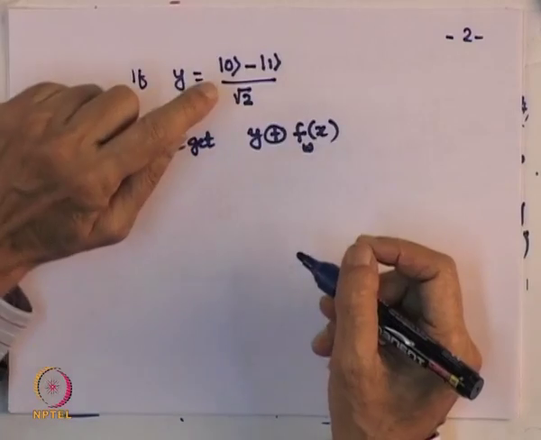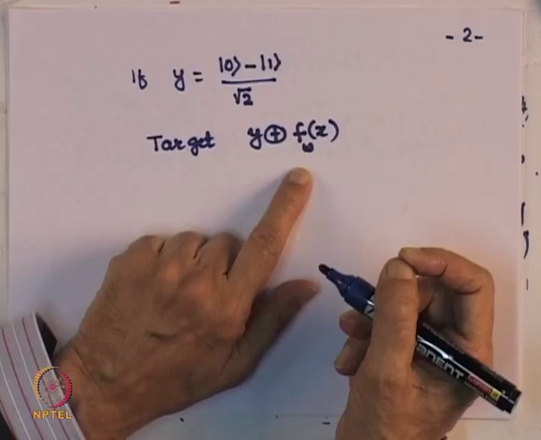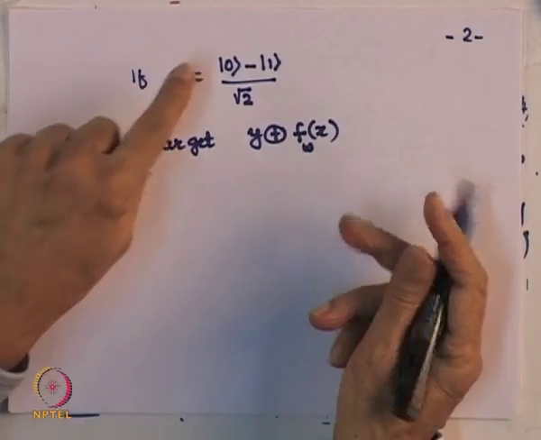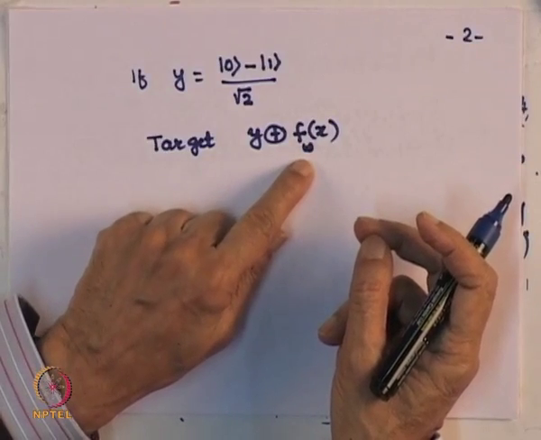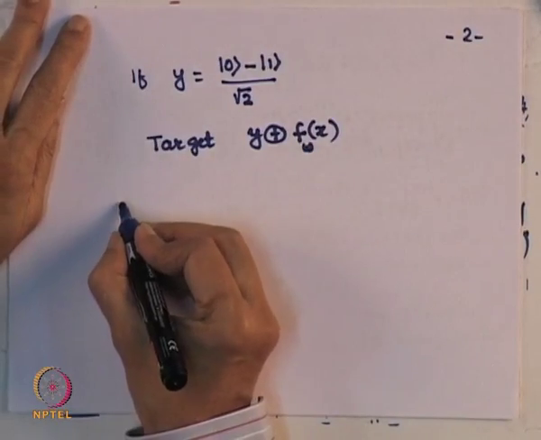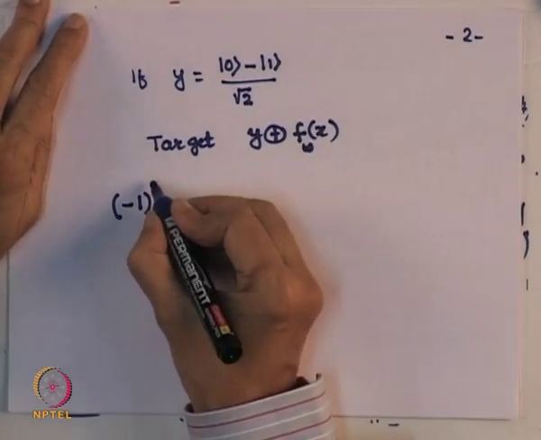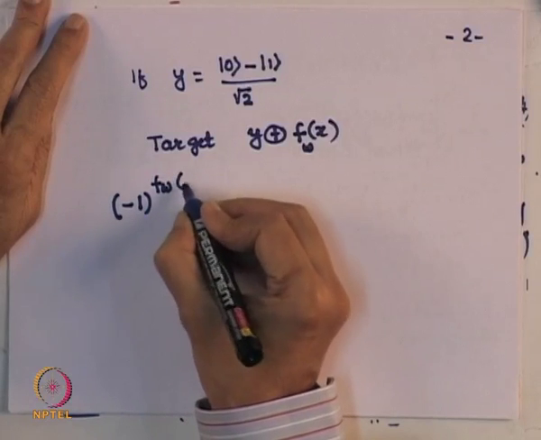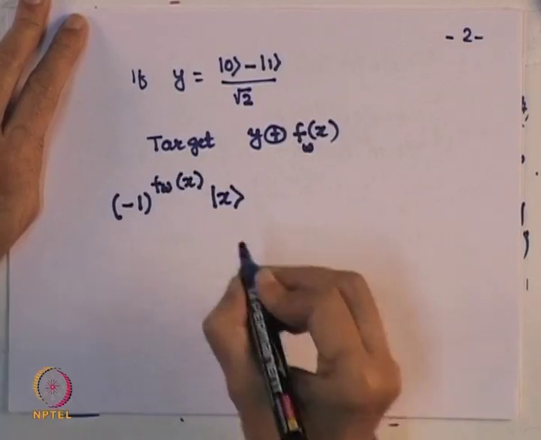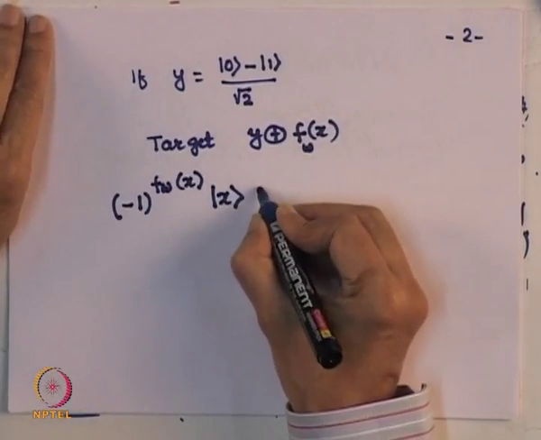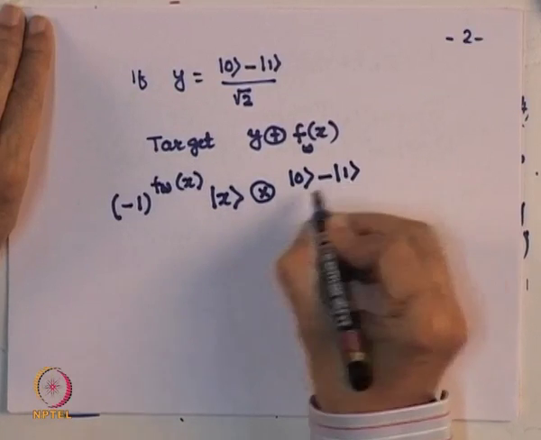Then, if y is equal to 0, the output is just f of w. If y is equal to 1, this is just the complement. So, in other words, I can write the target as minus 1 to the power f w of x, including my first register, with (0 minus 1) by root 2.